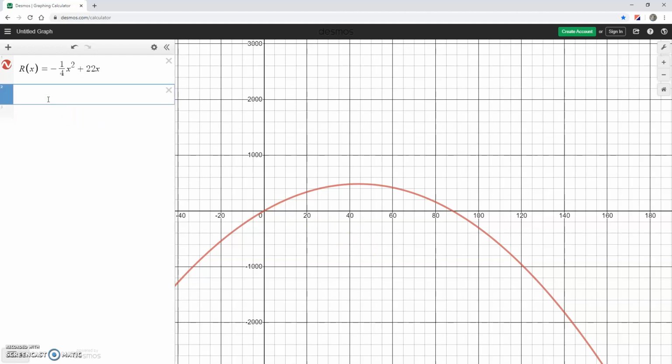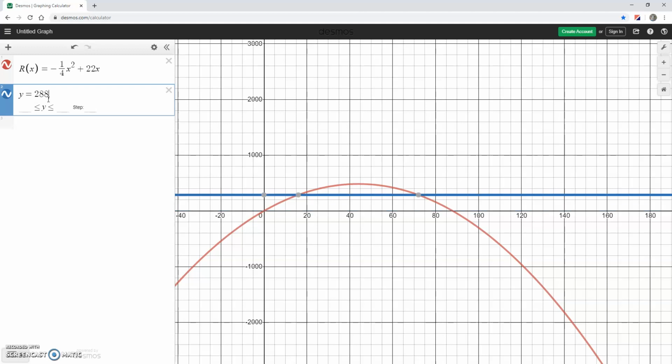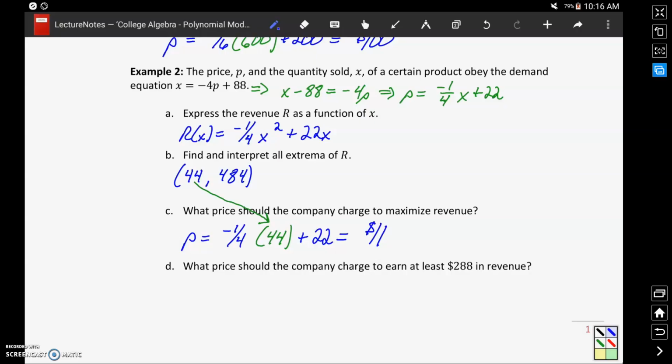So we're going to enter in a new function, y equals 288, meaning what we're looking for are values that are above this line, and values above that line are achieved when x equals anything between 16 and x equals 72. So we're achieving that revenue of $288 or more whenever we're selling between 16 and 72 units.